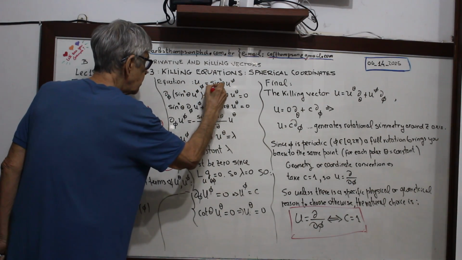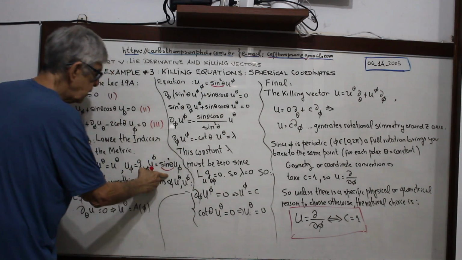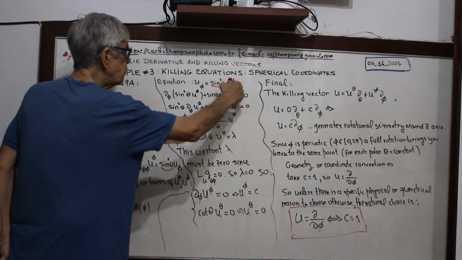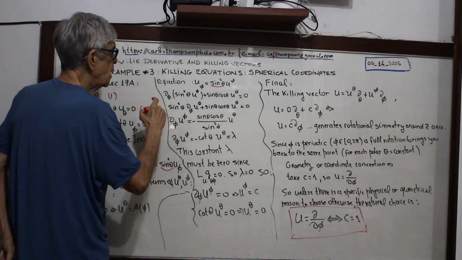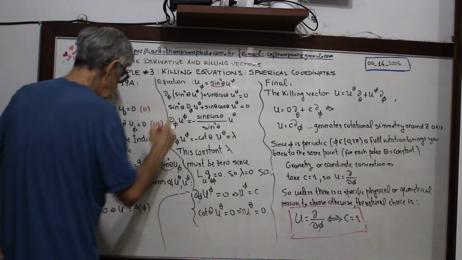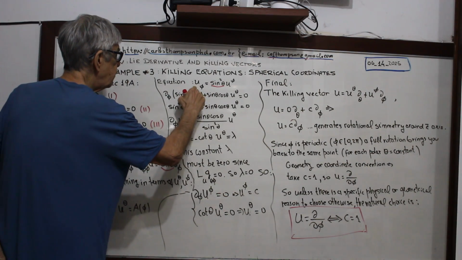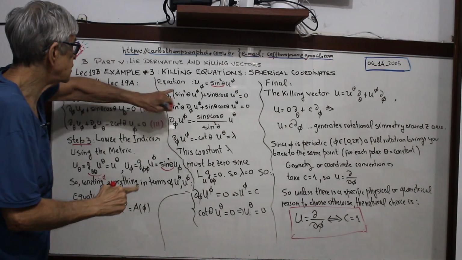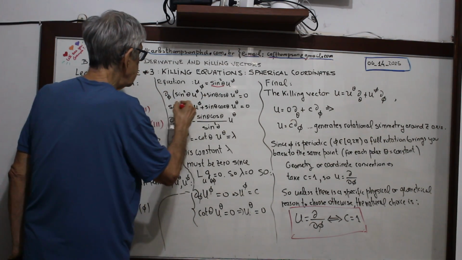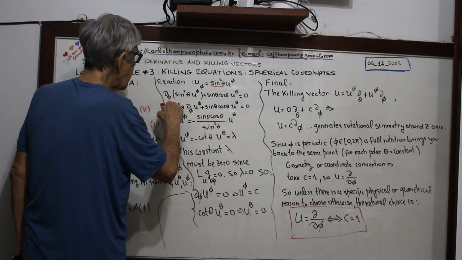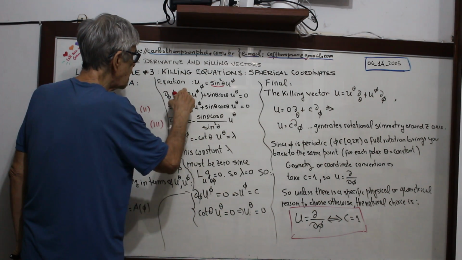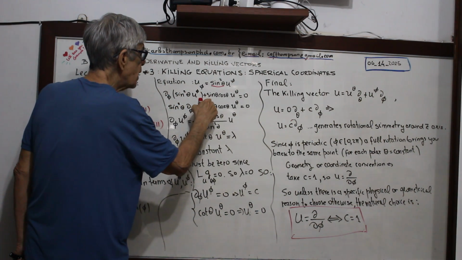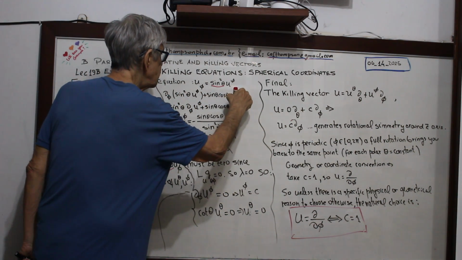Again, this is the metric, where this is covariant and this is contravariant components. Now you plug this u phi into this equation, partial u phi. So you have the partial with respect to phi of sine square of theta u phi plus sine cosine of u theta.